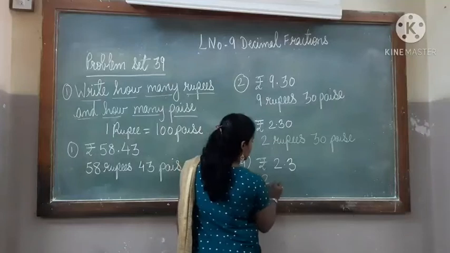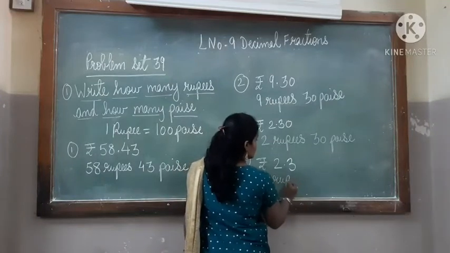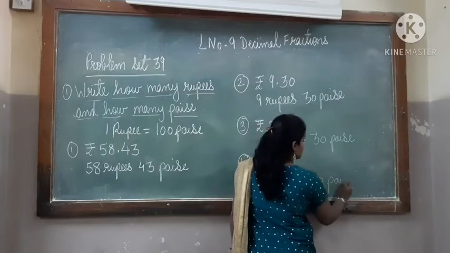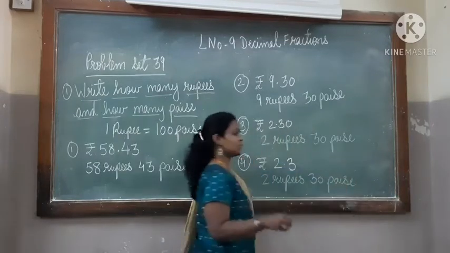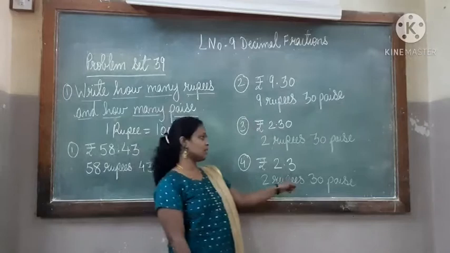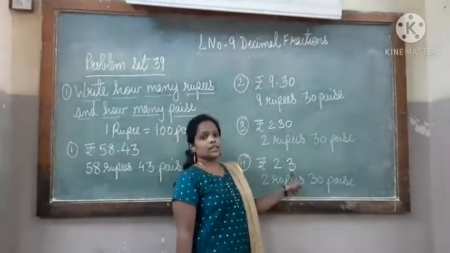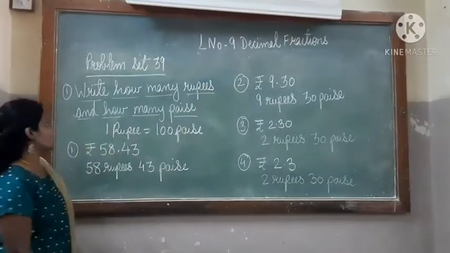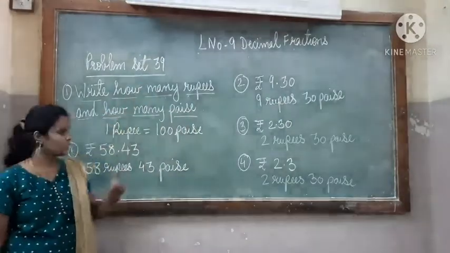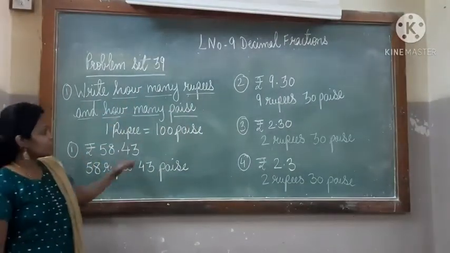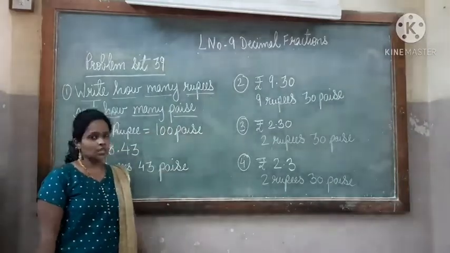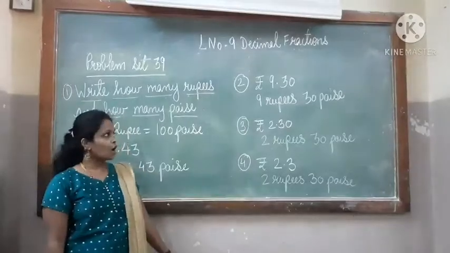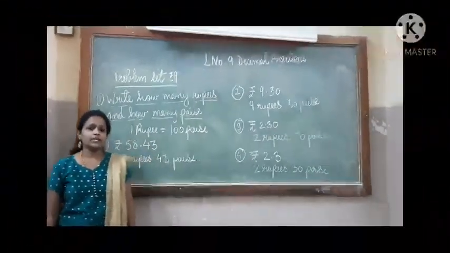So the answer will be 2 rupees 30 paise. It will not come 3 paise, it will come 30 paise because the 3 is in the 10th place. So in the first question of problem set 39, we have learned all the 4 sums, how to write the rupees and paise.